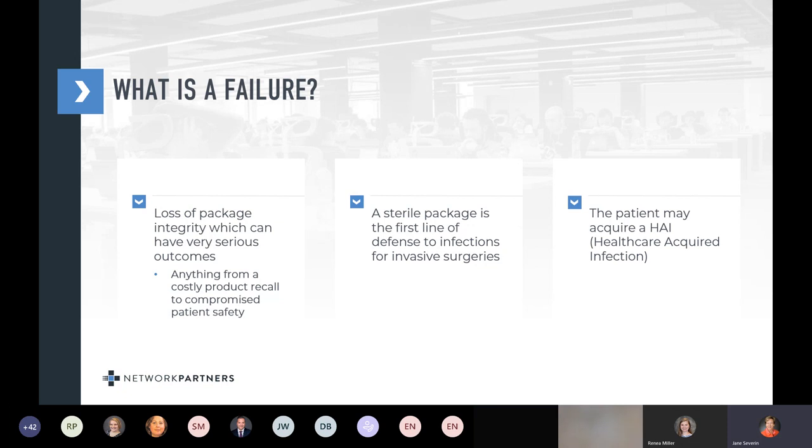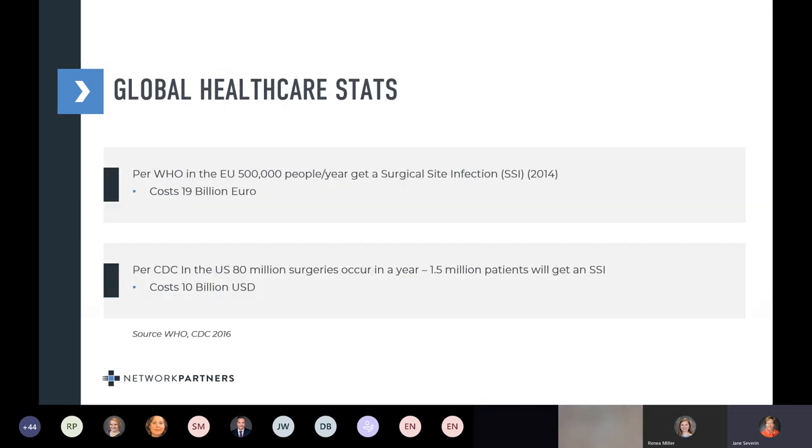The CDC reports that there are approximately 1.5 million infections in the US per year and 75,000 deaths per year from HAIs. The WHO, World Health Organization, in Europe projects that in 2014, 500,000 people got an SSI, which cost the European system 19 billion euro.